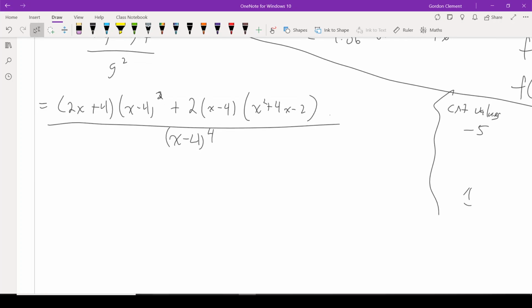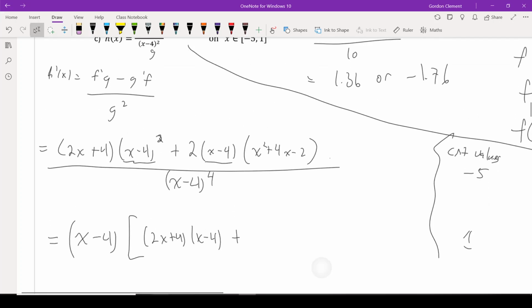Same sort of idea. I'm not going to go too far before I look for this common factor, which we do have. It's the x minus 4. So I'm going to common factor that out. We're left with 2x plus 4 from the first term and one of the x minus 4s. And then, no, this is minus g prime.